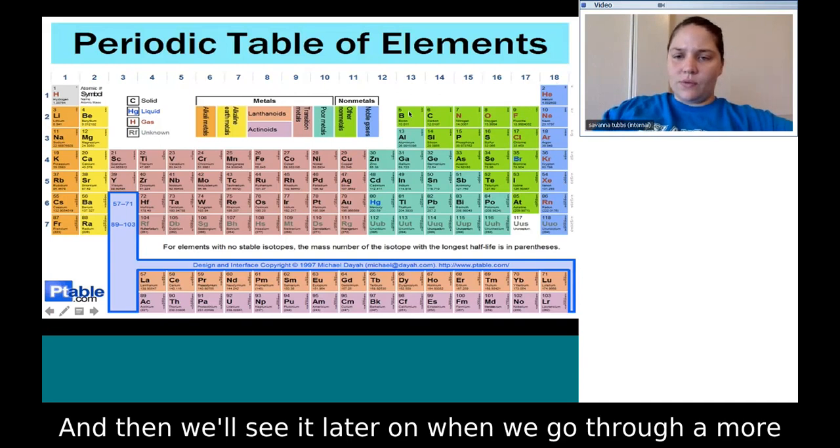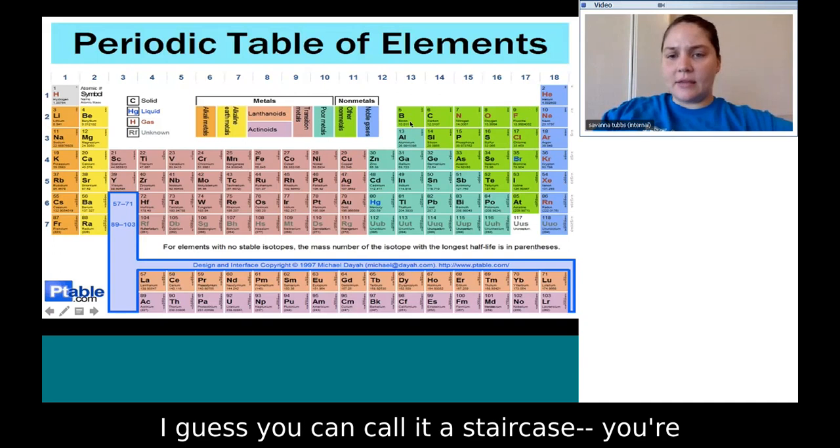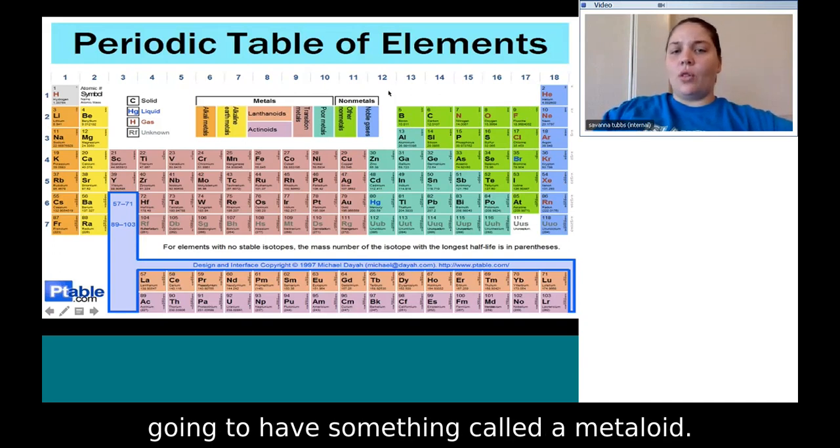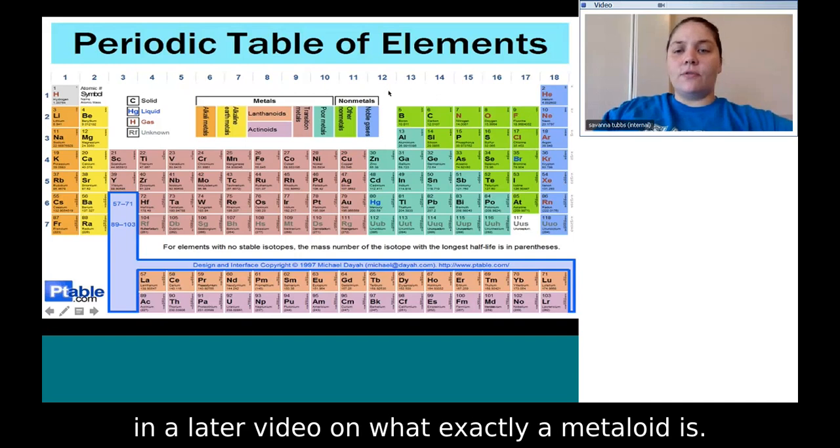We'll see it later on when we go through a more interactive periodic table. You'll see right here at this staircase, you're going to have something called a metalloid. We can talk about what exactly a metalloid is in a later video.